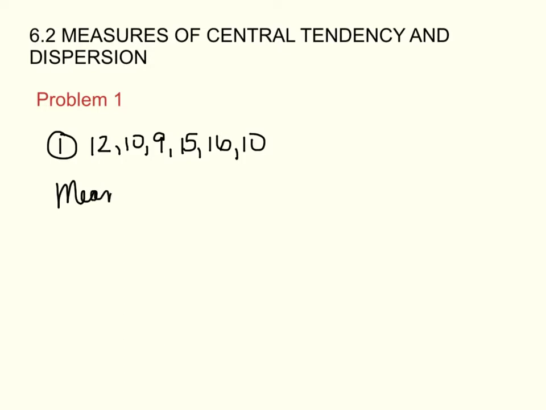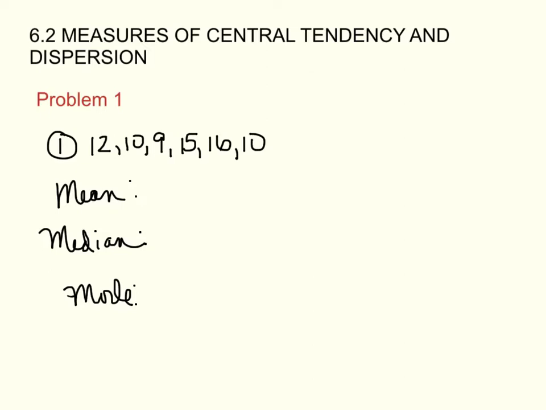The first set of problems we're doing are finding measures of central tendency. On page 380, if you look at problem 1, you have the 6 values listed of weight of books in ounces. So we have to find the mean, the median, and the mode. I'm not going to go into detail because you've done these.